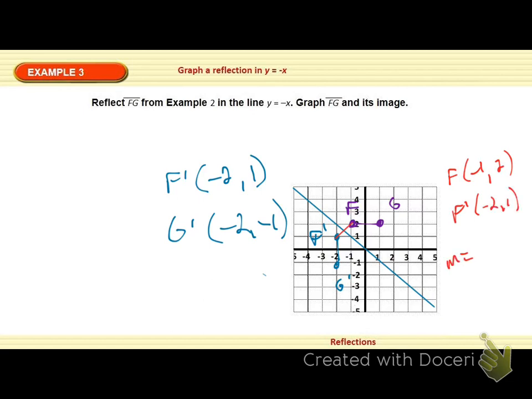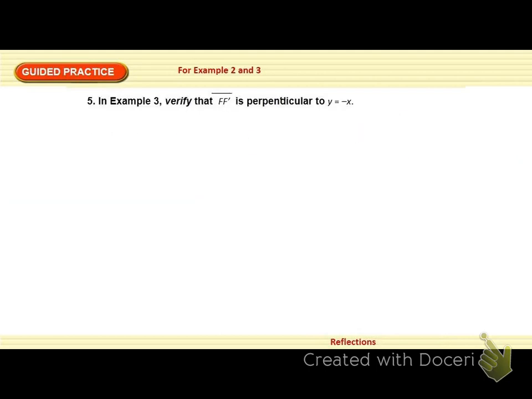So if we find the slope for that, we'd go 2 minus 1 over negative 1 plus 2. That would give us 1 over 1, which is just positive 1. So the slope for f prime is positive 1. These guys are definitely opposite reciprocals, and so therefore those segments are going to be perpendicular.